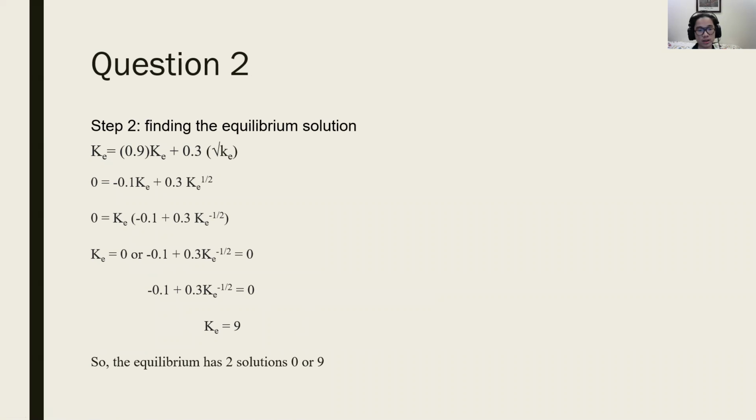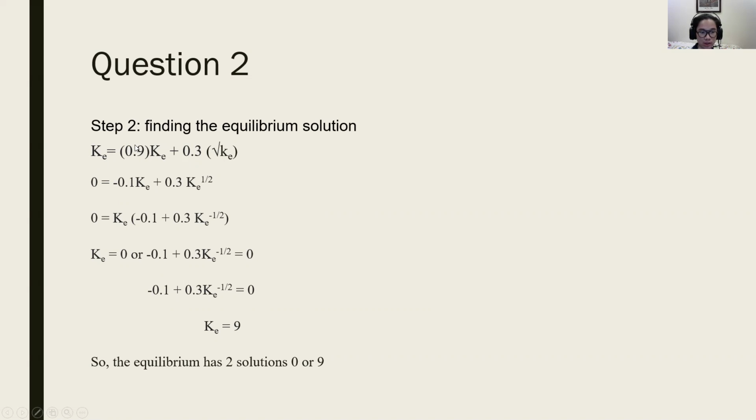All right, next is to find the equilibrium solution. Essentially, when you're trying to find the equilibrium solution, all you need to do is replace all K_t with K_e, the equilibrium. What I did here is that K_e equals 0.9 K_e plus 0.3 times the square root of K_e. Now here, K_e will be counted as a unit.